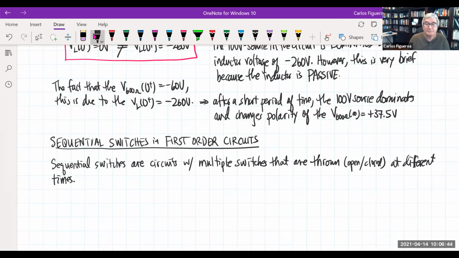Okay, at different times. And what you're going to find here is that every time a switch is thrown, there's a new circuit that's created.